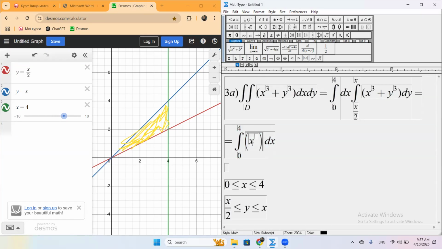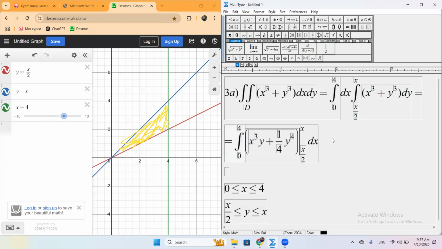So x cubed y plus 1 over 4 y to the power of 4, and the bounds of integration, let me not forget them, from x over 2 to x.